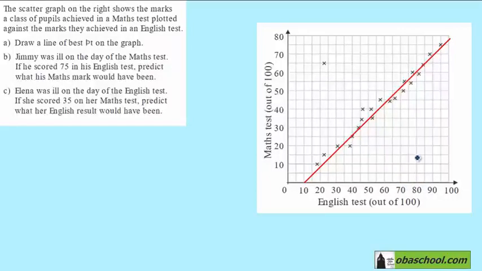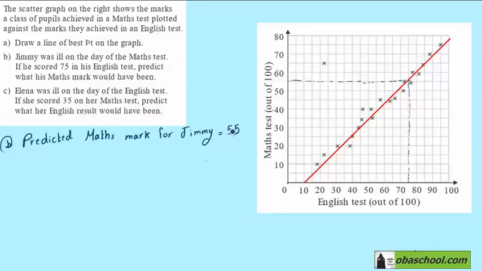Jimmy scored 75 on the English test, so let's go up from 75 to the line of best fit, and then go back to the y-axis. This is a prediction about how Jimmy would have performed in his math test. Notice that the predicted math mark for Jimmy is 55. Again, this is only prediction and speculation and not necessarily true.